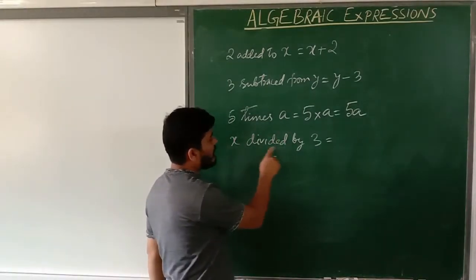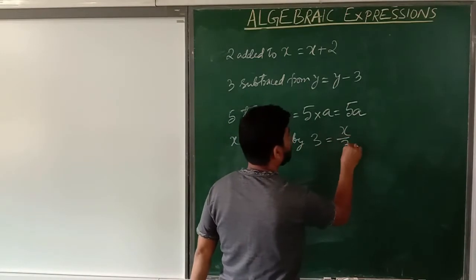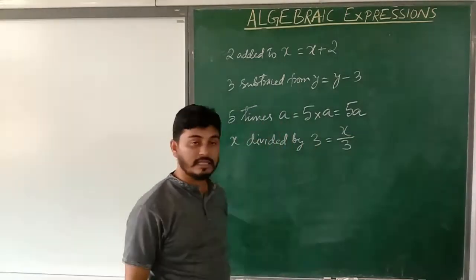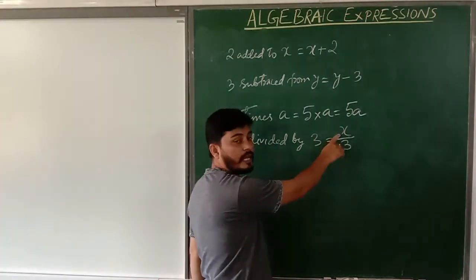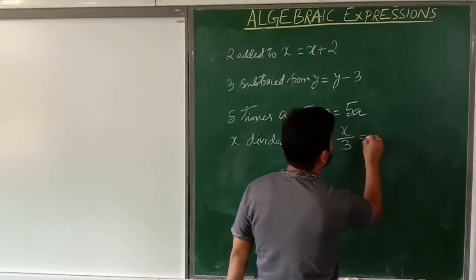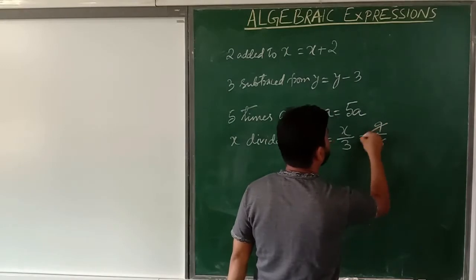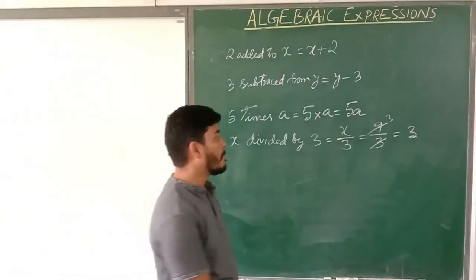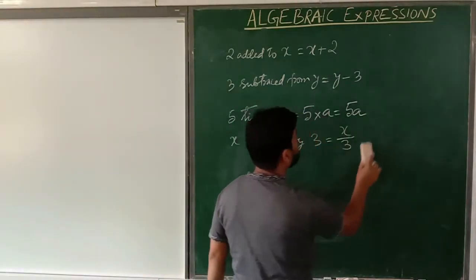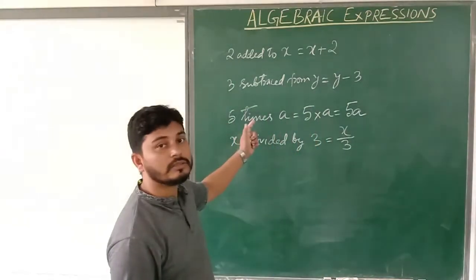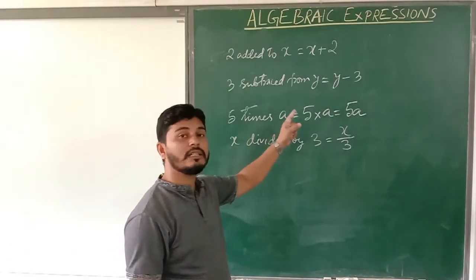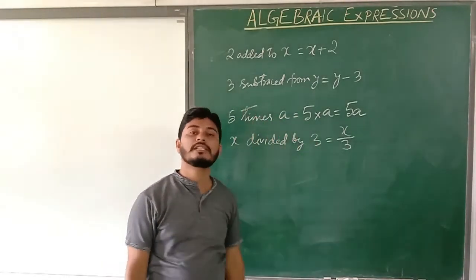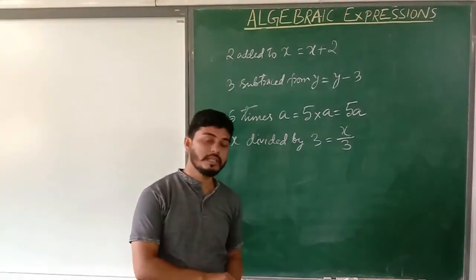In the same way, x divided by 3 in expression form can be written like this. If x equal to 9, we can divide it and get the result as 3. So it is very clear that variables, like the numerals, obey the rules of addition, subtraction, multiplication and division.